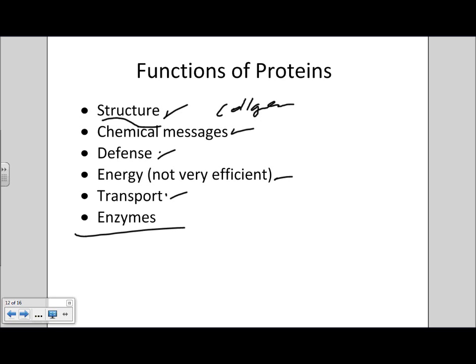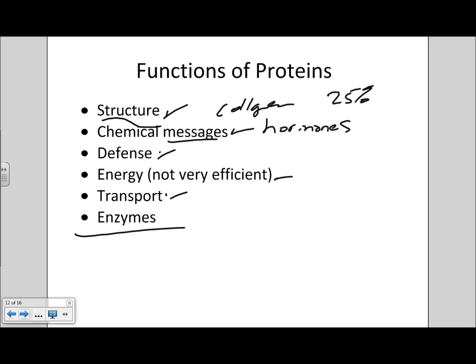Collagen is actually the most abundant protein in the human body. It makes up about 25% of all the proteins within us. It's in your eye, in your joints, in your skin, it's everywhere. It's in the connective tissues. So protein gives us structure. Chemical messages, hormones.